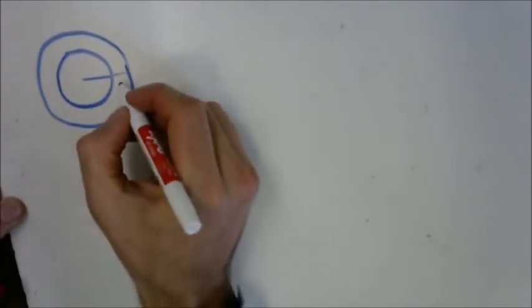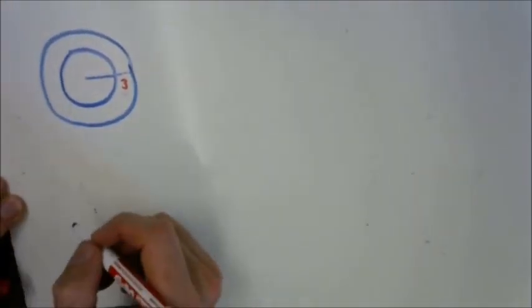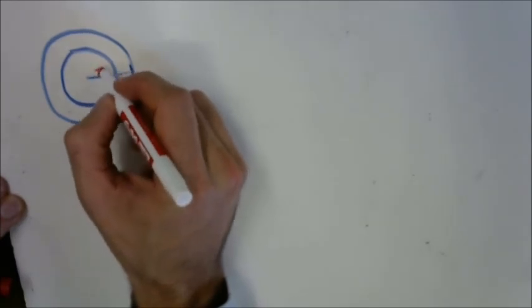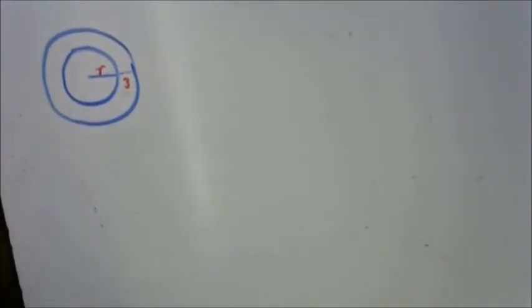So I know that we've added 3 meters. And I don't know the original radius, but let's just call it R. So the new radius is what? 3 meters longer. So it's r plus 3. So an expression for the new radius would be R plus 3.